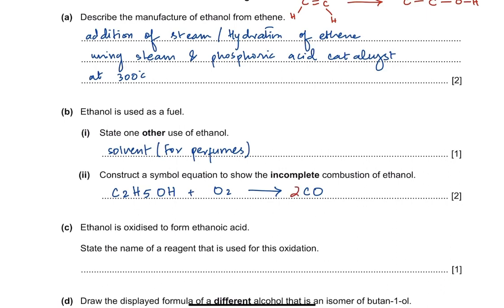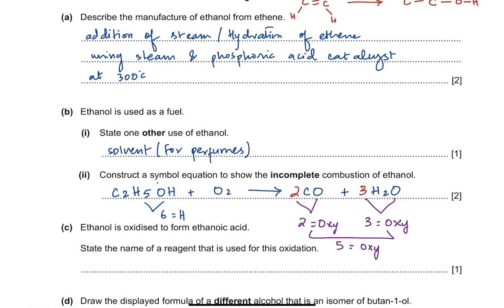Since we have 6 hydrogen atoms, let's make 3 water molecules so that the hydrogens are balanced. Now let's talk about how much oxygen is needed. To make 2 carbon monoxides, we need 2 oxygen atoms, and to make 3 waters, we need 3 oxygen atoms. That's a total of 5 oxygen atoms. Out of the 5, 1 atom is already in ethanol, so we need 4 more oxygen atoms on the left hand side. So I will add a 2 before O2.